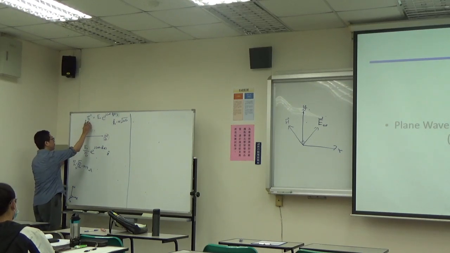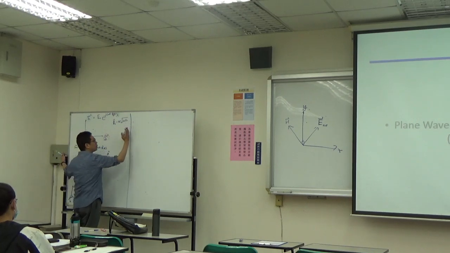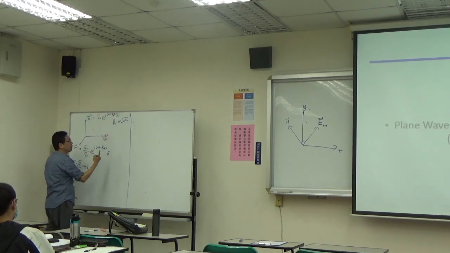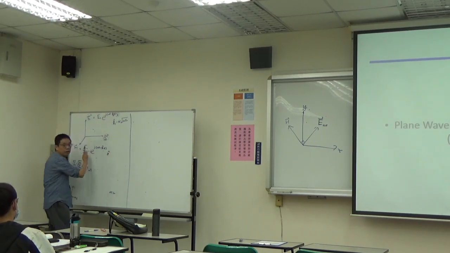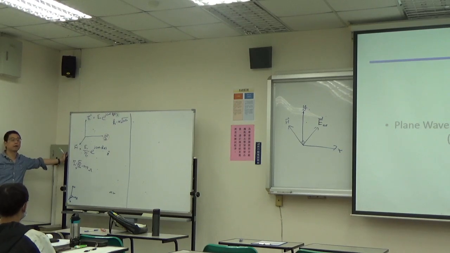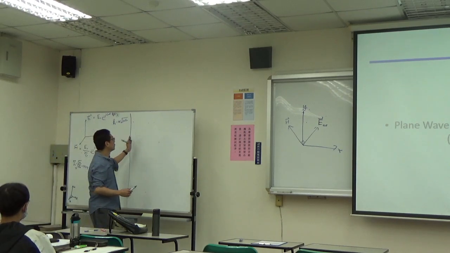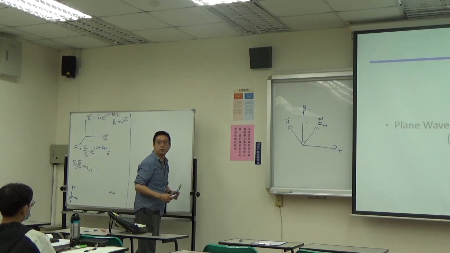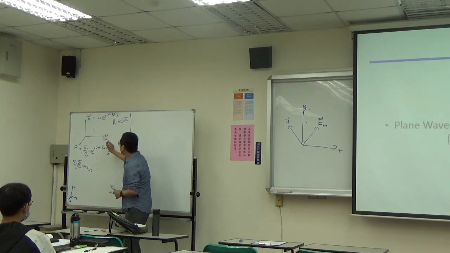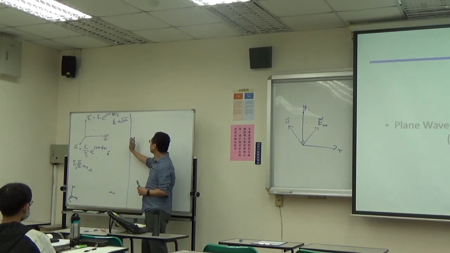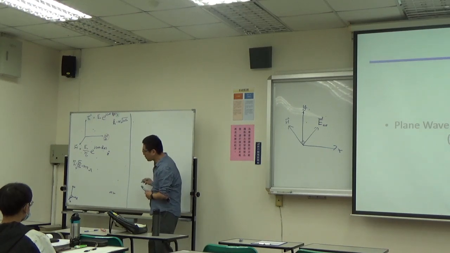So your E field and the H field touch this boundary. And I tell you this part is air. What happens if I move to this part? What is the E field and the H field for this part? If my wave is moving and touches this boundary, I will say this boundary is not air.